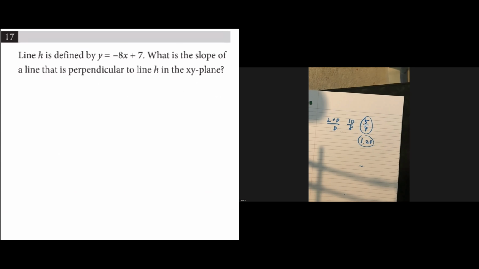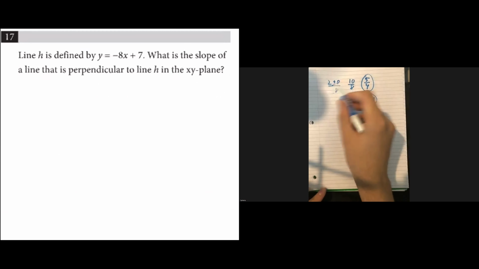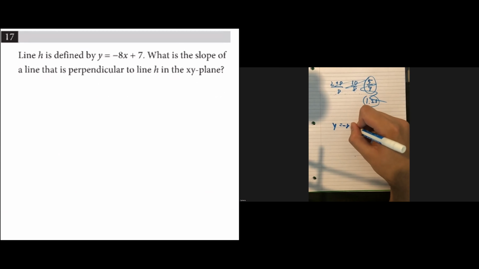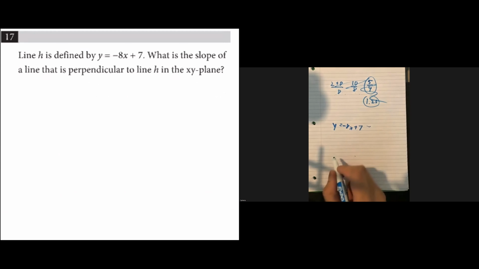All right, question 17. It gives us the equation of a line. We have y equals negative 8x plus 7, and it asks for a line perpendicular to line H. So parallel lines are like this, and perpendicular lines are like this, where they intersect.